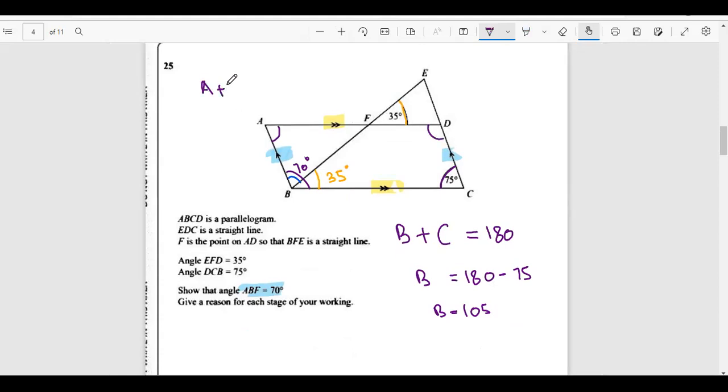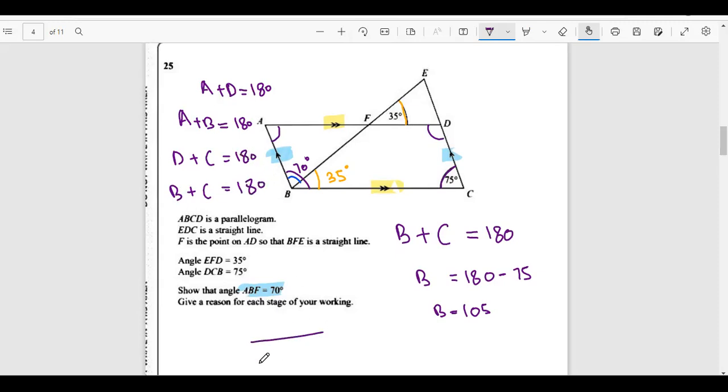A plus D would be equal to 180. Now, if I talk about AD and BC as two parallel lines which are being cut by transversal AB, so angle A plus angle B would also give me 180. Similarly, angle at D plus angle at C would also give me 180. And lastly, the one which we have used, B plus C, would give me 180.